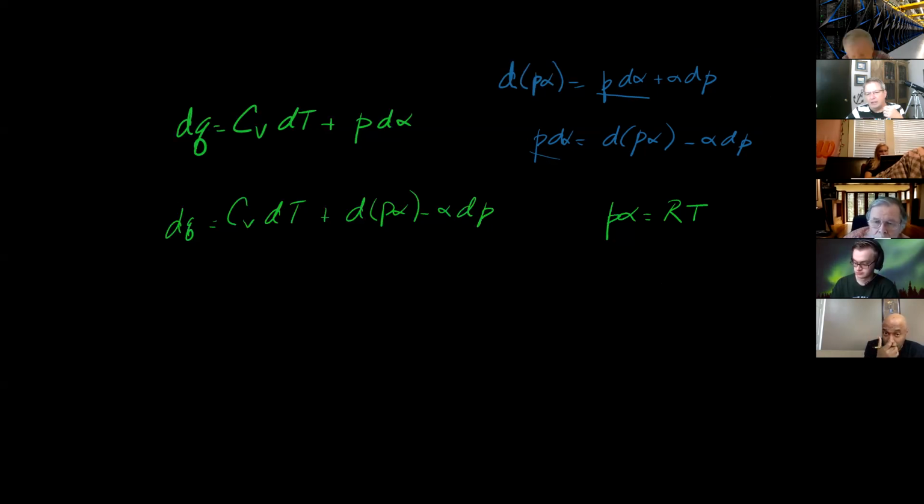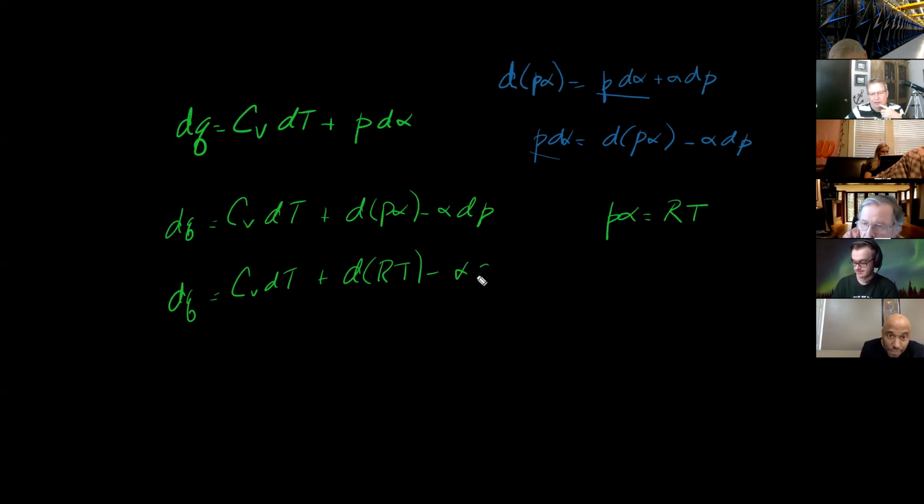So if that's the case, then this is dq equals CV dt plus the derivative of RT minus alpha dP. Right? I just substituted in here. But what's the derivative of a constant times a temperature?